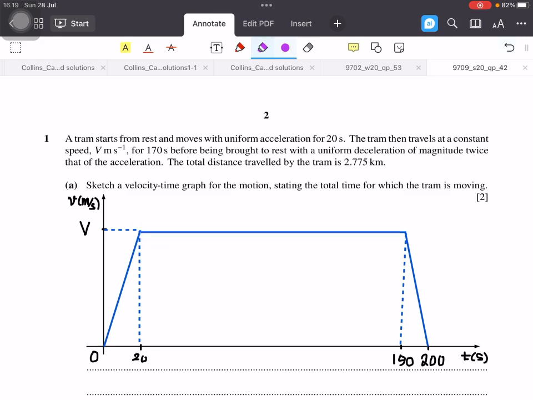After that, it is brought to rest with uniform deceleration of magnitude twice that of the acceleration, so it takes only 10 seconds for the tram to come to rest. So the total time is 200 seconds.